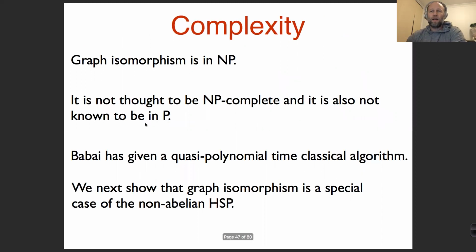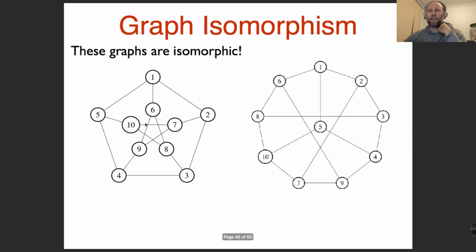So that actually shows you that graph isomorphism is in a complexity class called NP, non-deterministic polynomial time. What that basically means is that if someone gives you the answer, if someone tells you what the bijection is, as I've done here with the labeling, then it's easy for you to verify that that bijection actually is an isomorphism.